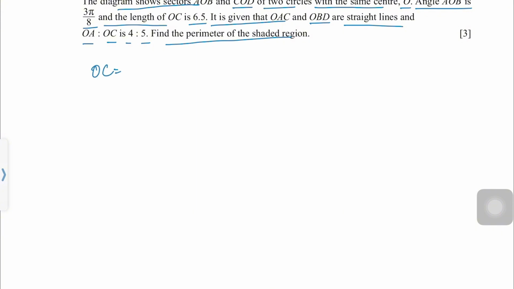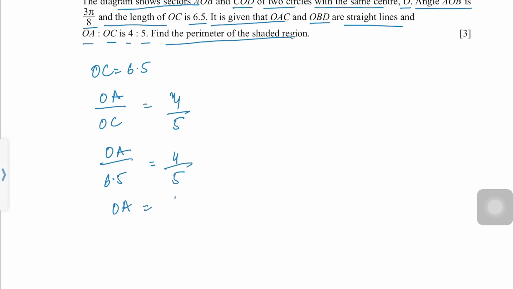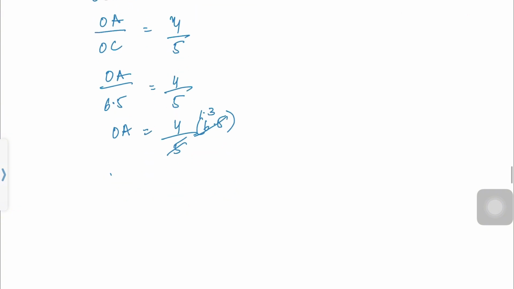So our OC is given as 6.5, and the OA to OC ratio is given as 4:5. We have our OC as 6.5, so we'll be substituting 6.5 here. OA over 6.5 is equal to 4 over 5. So this would give us our OA as 5.2.